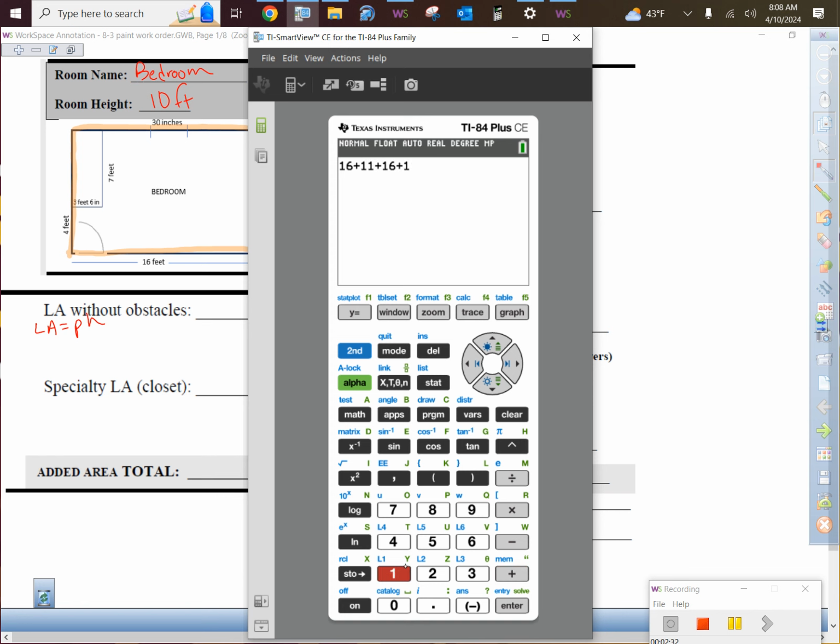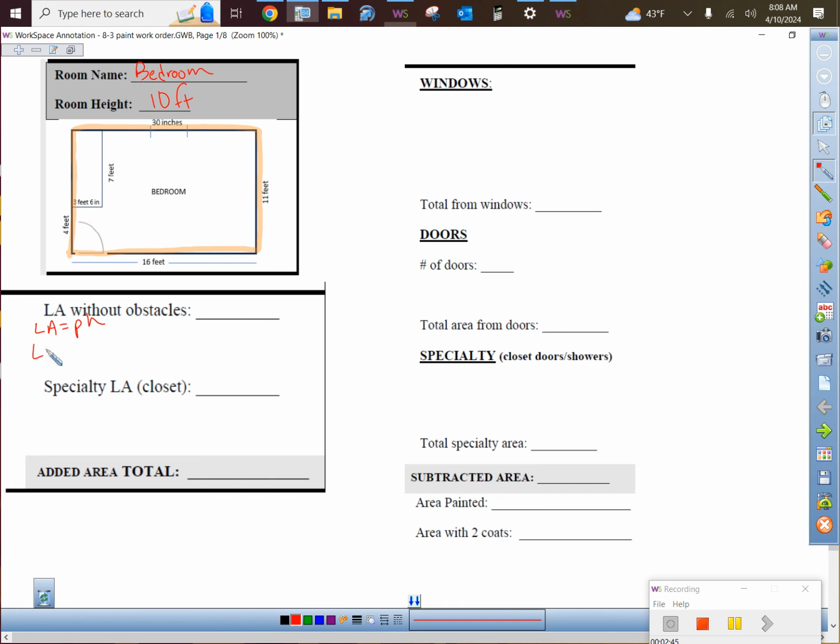Are you guys cool that I just found the perimeter of that room to be 54 feet? And quick help, what is the height of that thing? 10. So do you see, that's some easy math. 540 square feet is the general idea of this room with no obstacles involved.